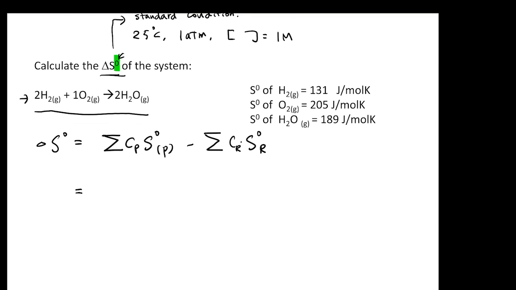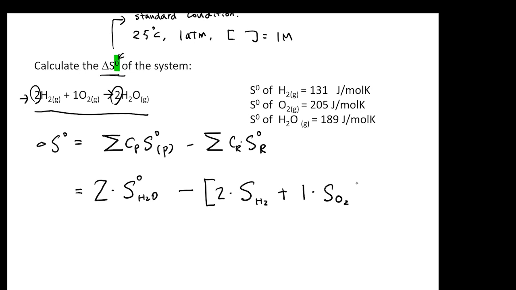What you need to do is find the entropy of your H2O, multiply by the coefficient, which is 2, minus the entropy of your reactants, in this case H2 multiplied by its coefficient 2, plus 1 times the entropy of your O2.